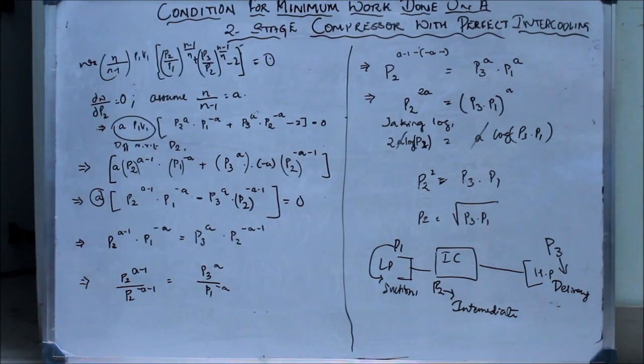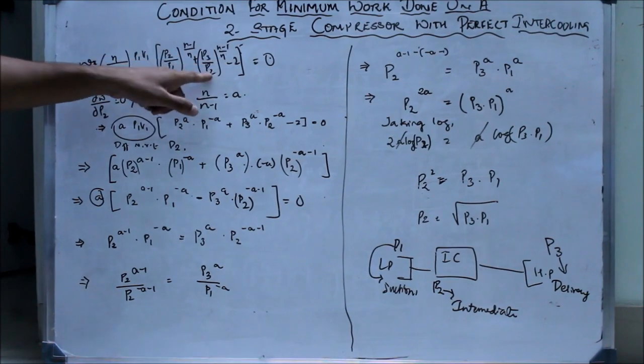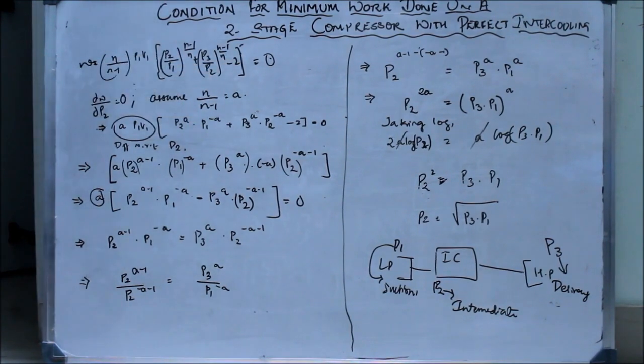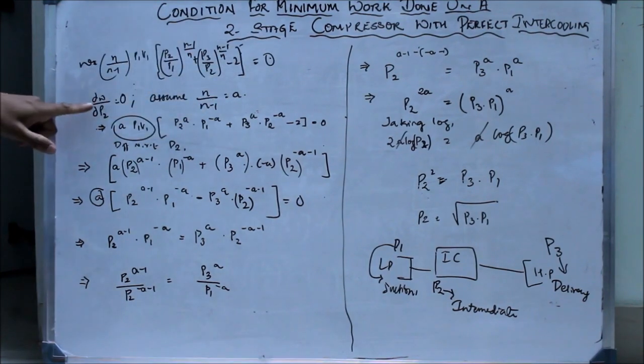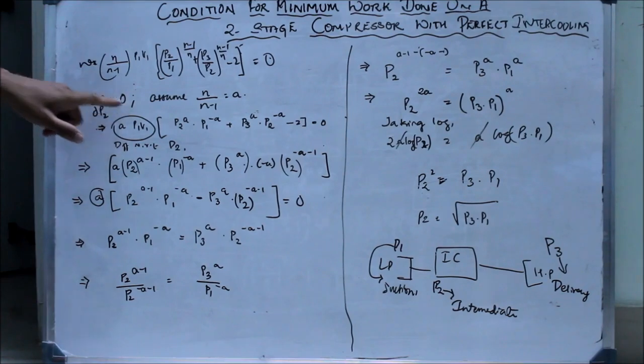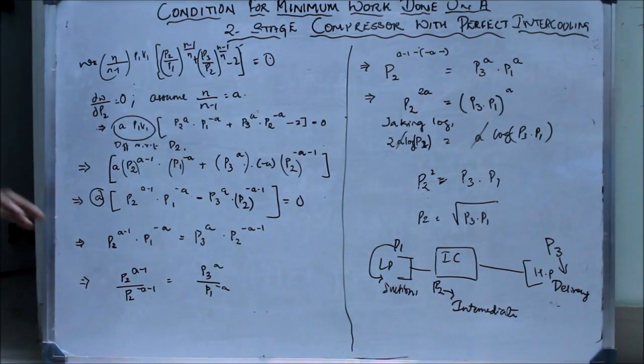To find the expression for the intermediate pressure, we differentiate the work done with respect to the intermediate pressure P2 and equate it to 0. So we differentiate dW by dP2 and equate it to 0, and assume that N by N minus 1 is equal to A, just for simplifying the calculation.